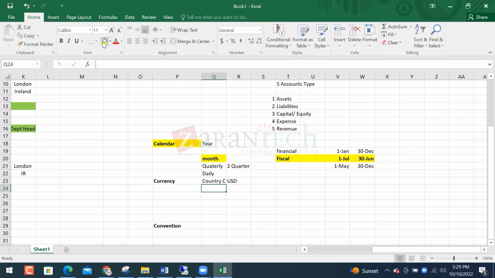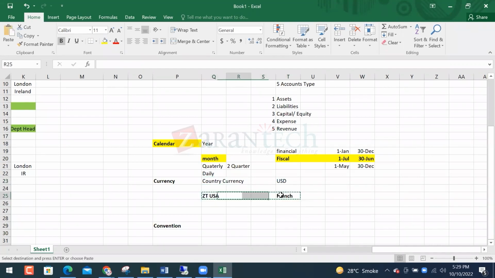Even if you are living in the USA and your country currency is USD, when you open a business and say I have a ZT group or ZT company, USA, but my company is based in the UK or France, then my company currency is the French one. So there are two types of currencies in the system: one is the country currency and the other is the business currency.